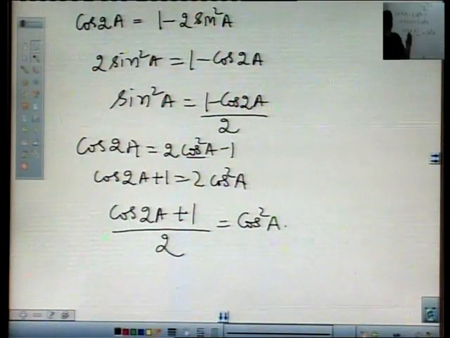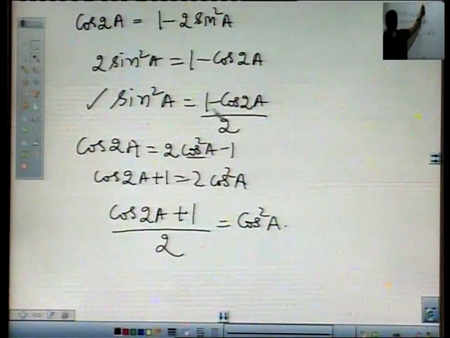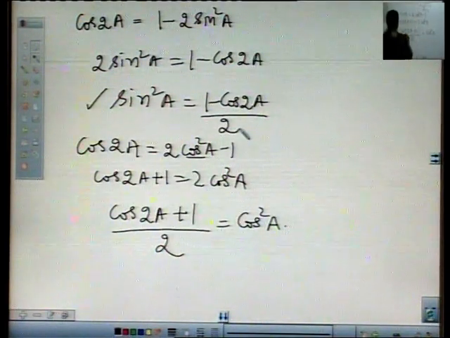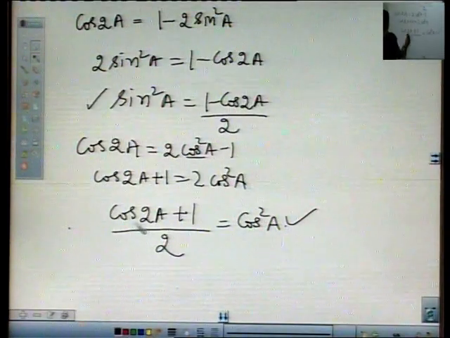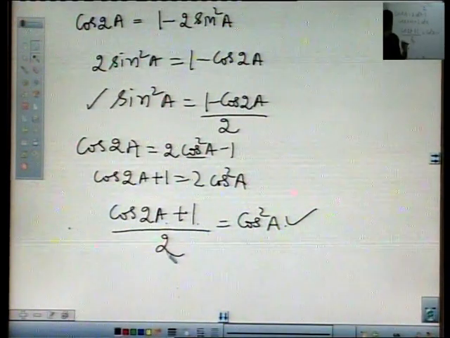So, hence we can write sin square a is 1 minus cos 2a upon 2, and cos square a is equal to cos 2a plus 1 upon 2.